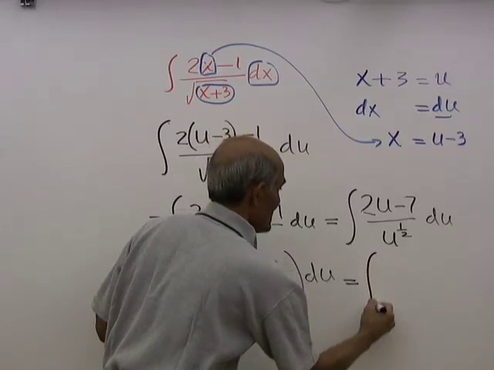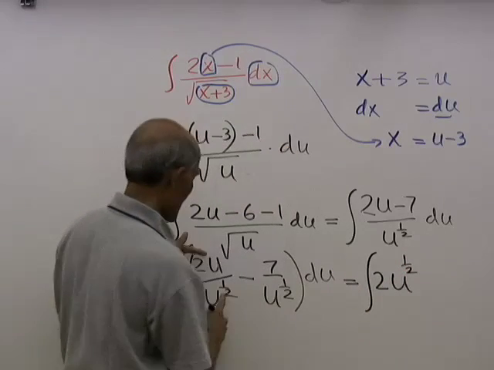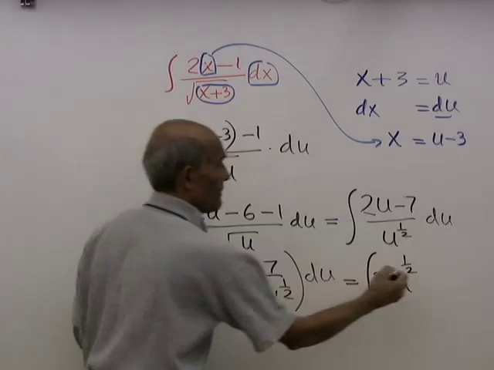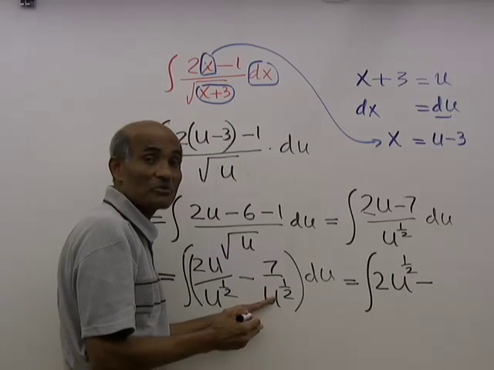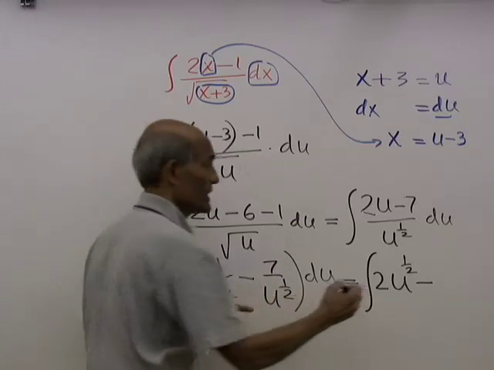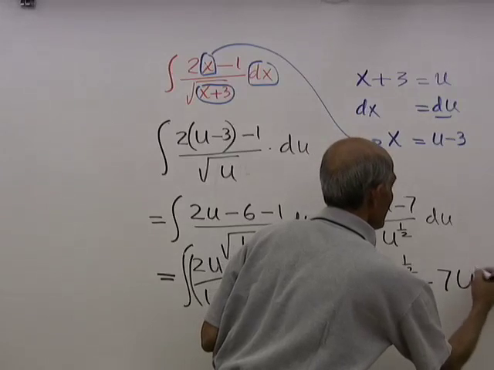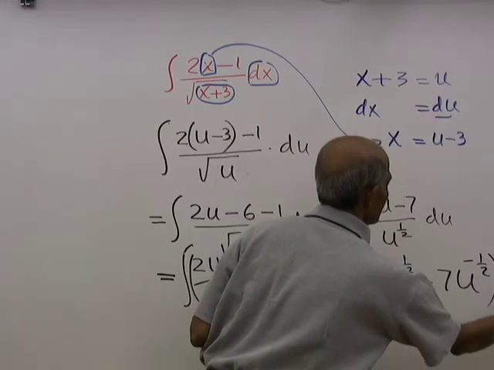So that will be the integral of 2u to the power of 1/2, that is this term, minus, what is 7 divided by u to the power of 1/2? Bring the u to the power of 1/2 to the numerator. That will be 7u to the power of negative 1/2, du.